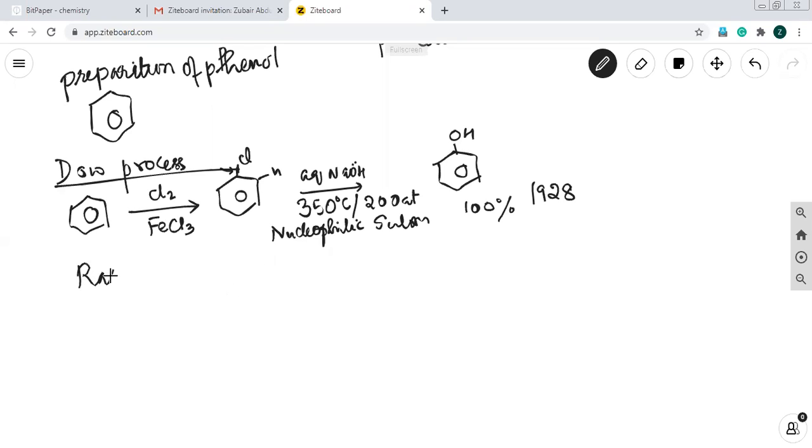The second process is the Raschig process.